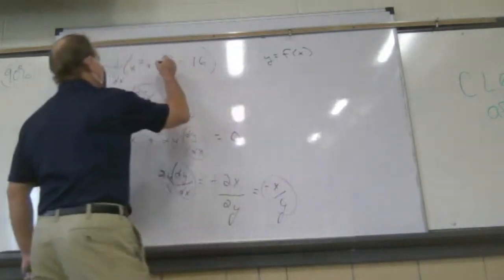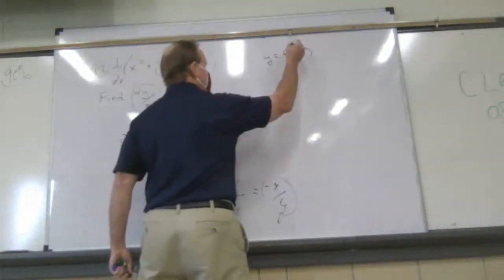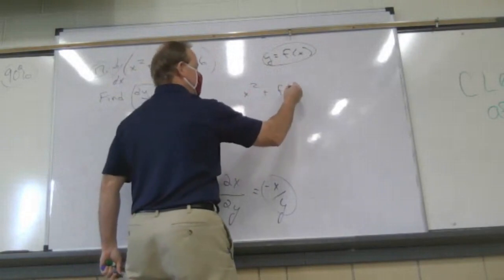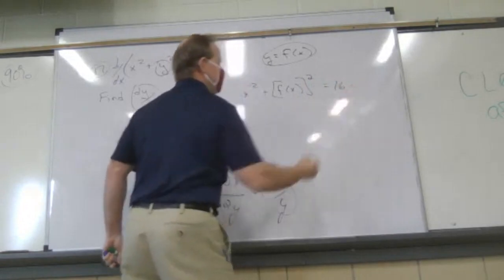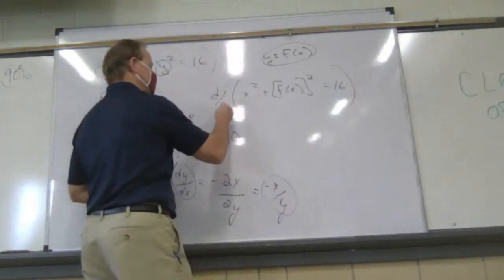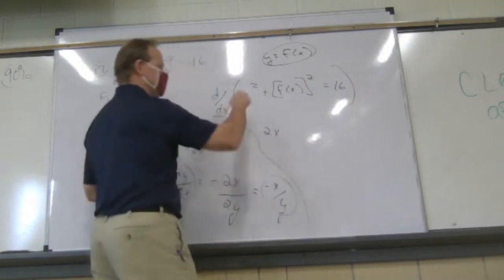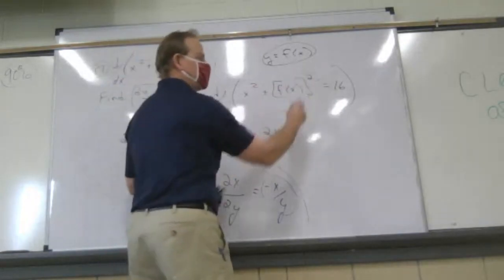All right. But anyway, if I go back and let's just instead of y, call it f of x. So if I have x squared plus f of x quantity squared equals 16, and I'm going to take the derivative of that whole thing with respect to x, then that ends up being 2x, plus, the derivative of f of x quantity squared.